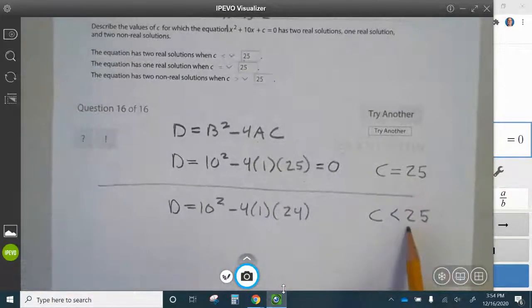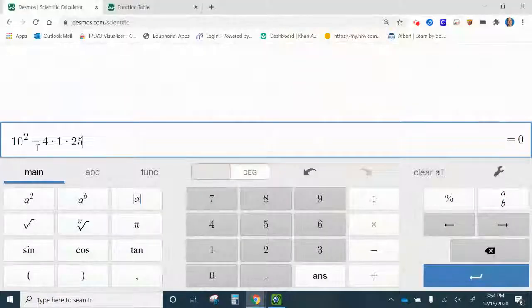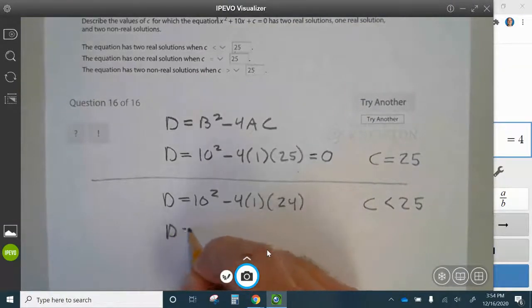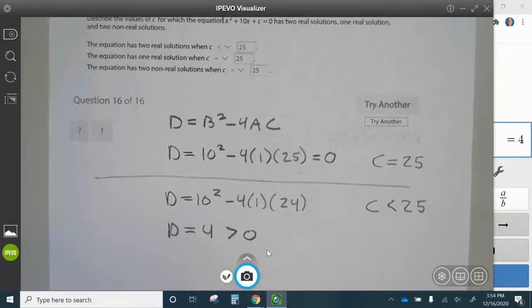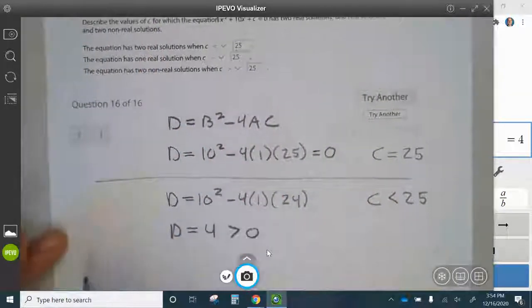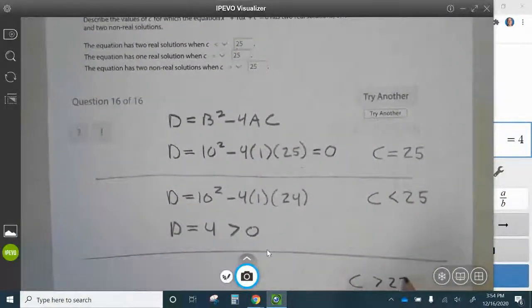And you can pick any number less than 25. I just picked 24. So now come over here, change this to 24, and we get equals 4. Okay, so the d value is equal to 4, which is greater than 0, which is positive, so it has two real solutions.